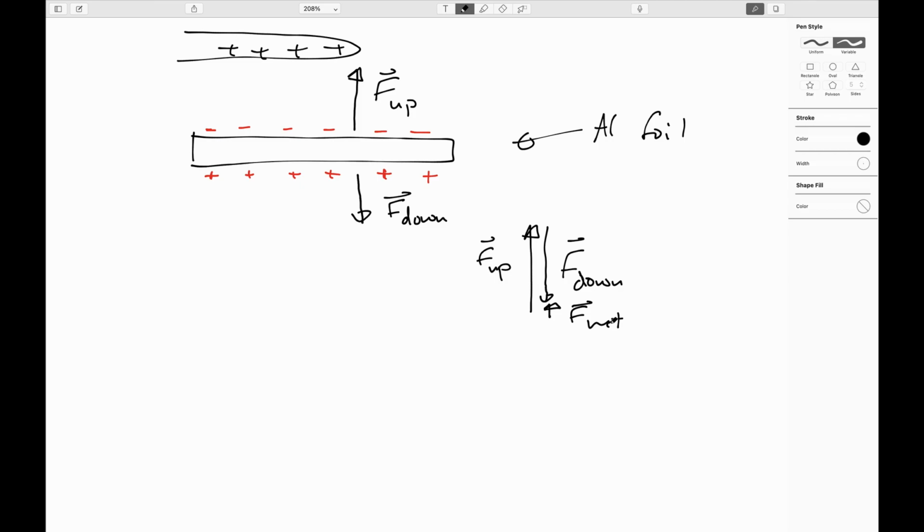And if you had held a negatively charged object over the aluminum foil instead of positive, you'd have exactly the same attraction, except that you would have positive charges on the top of the foil and negatives on the bottom, but it would be exactly the same story. You get this attraction.